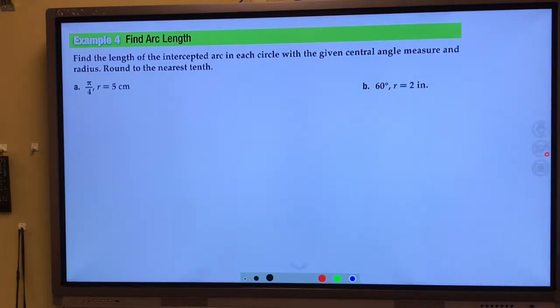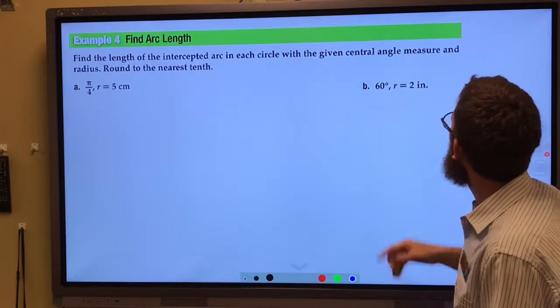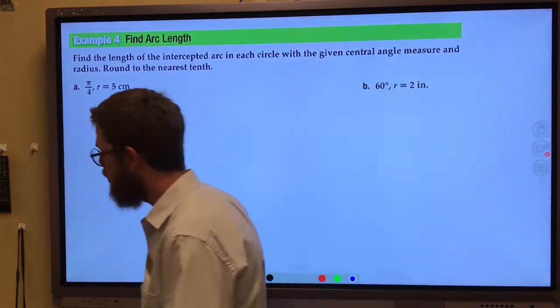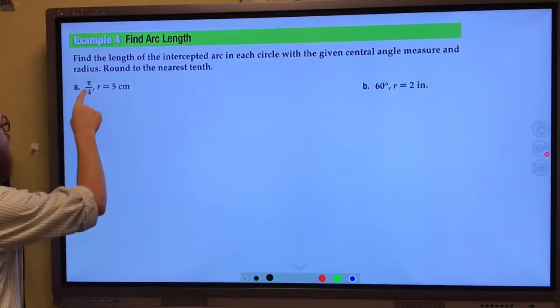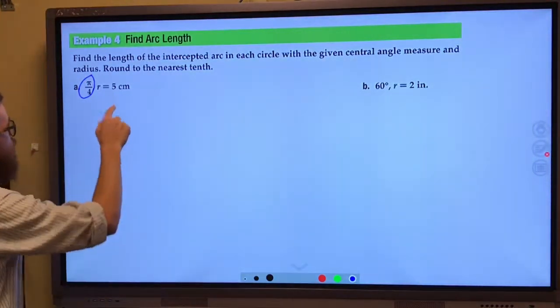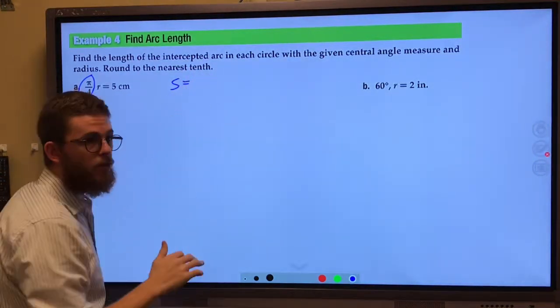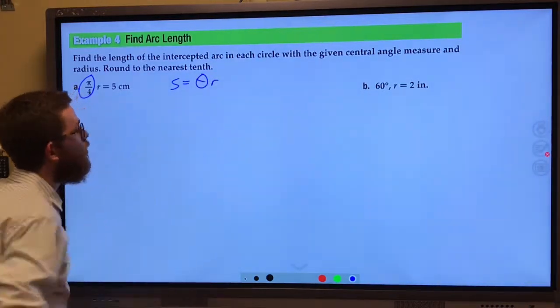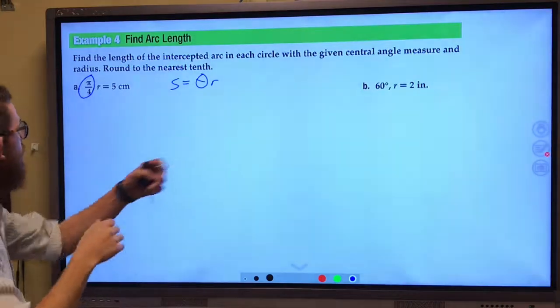Here we want to find the length of the intercepted arc for each angle, given the central angle measure and the radius. We want to round to the nearest tenth if we need to. We have the measure of our central angle in radians, and we have the radius. Remember, the length of our intercepted arc is going to be the central angle measure in radians times the radius.